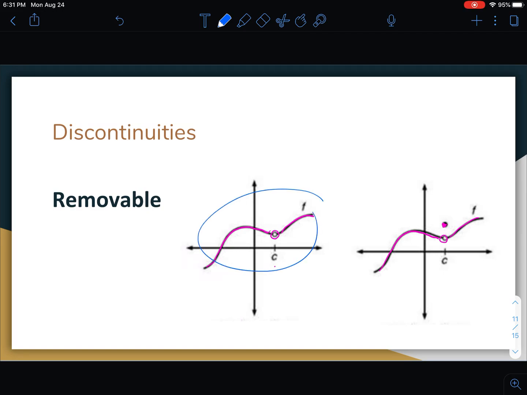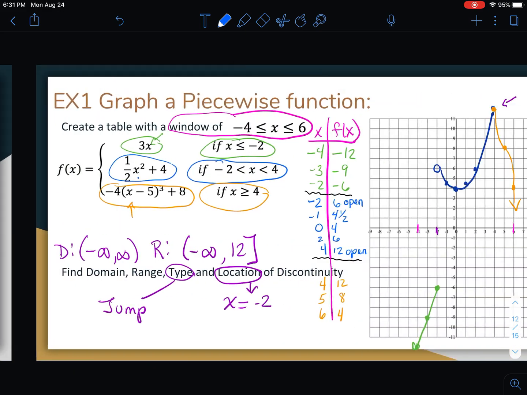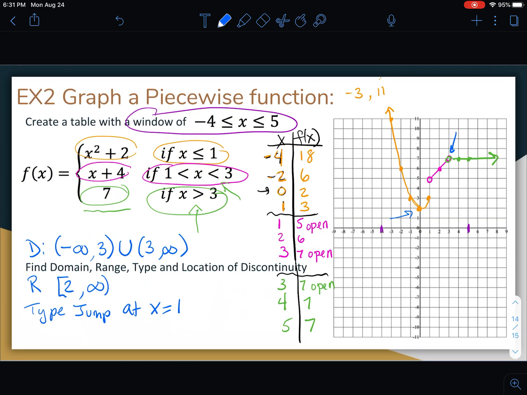It's kind of like this picture right here, okay? So we have a removable discontinuity at x equals 3. So we have the type for each and the input where it occurs.